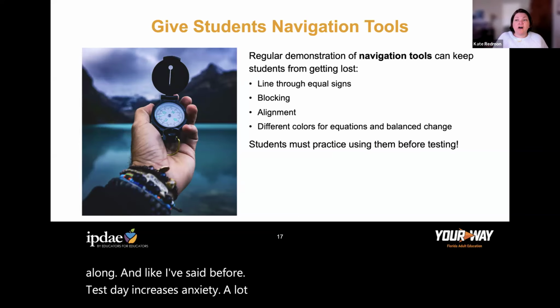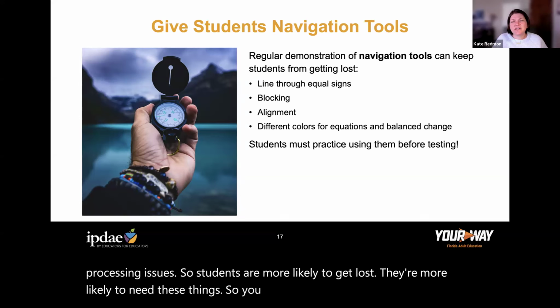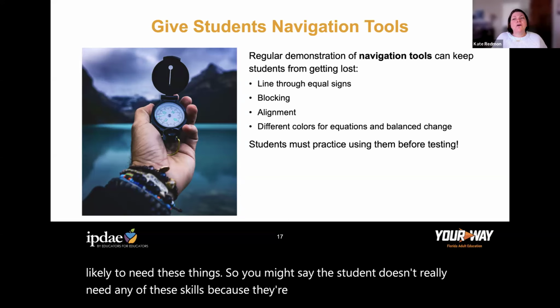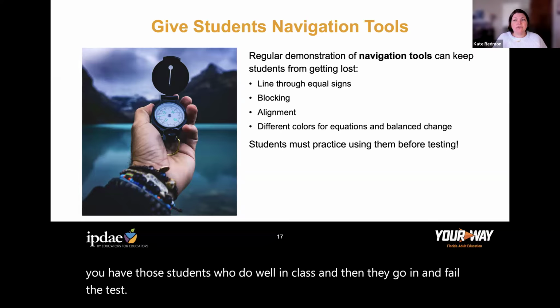Anxiety increases all the symbolic processing issues. So students are more likely to get lost. They're more likely to need these things. So you might say, "Oh, this student doesn't really need any of these skills because they're doing well in class." Well, you have those students who do well in class and then they go in and fail the test. Why? Because their anxiety was high, which then exacerbated their symbolic processing issues.